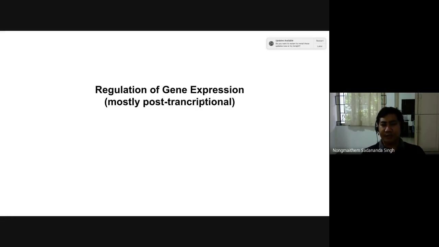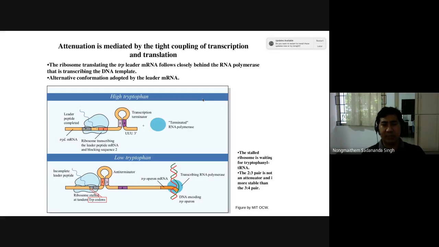So what we have talked about is that the tryptophan biosynthetic operon is highly linked with the rate of translation.